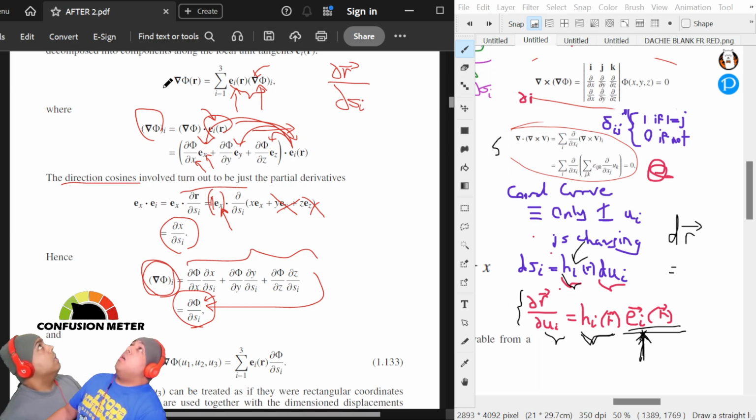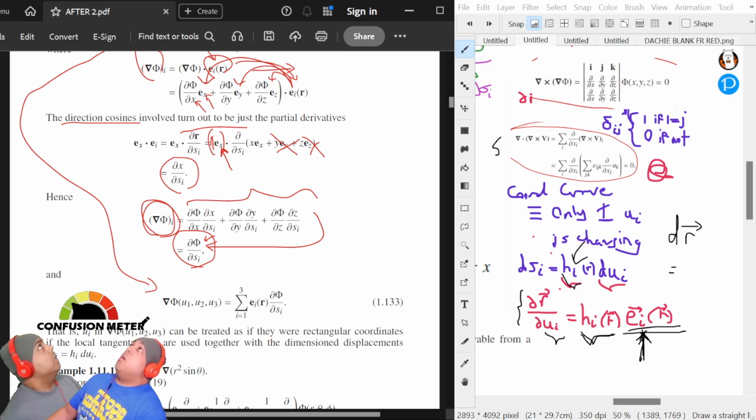So all the way over here, we can bring this all the way down here. This side is unchanged. The sum of e_i(r), d theta, d phi, del phi, del psi.